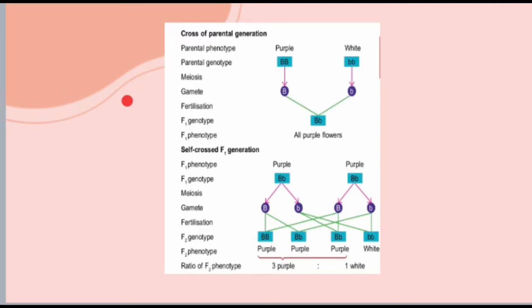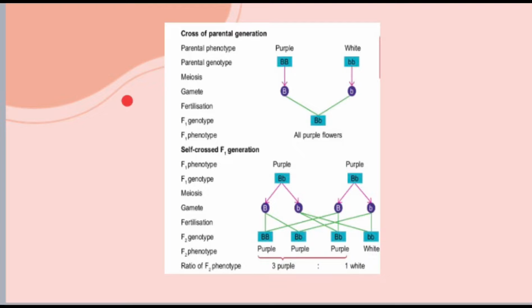So the first generation genotype will be capital letter B and small letter b. So the first phenotype is all purple flowers. But if the first generation is crossed, so we have purple and purple.